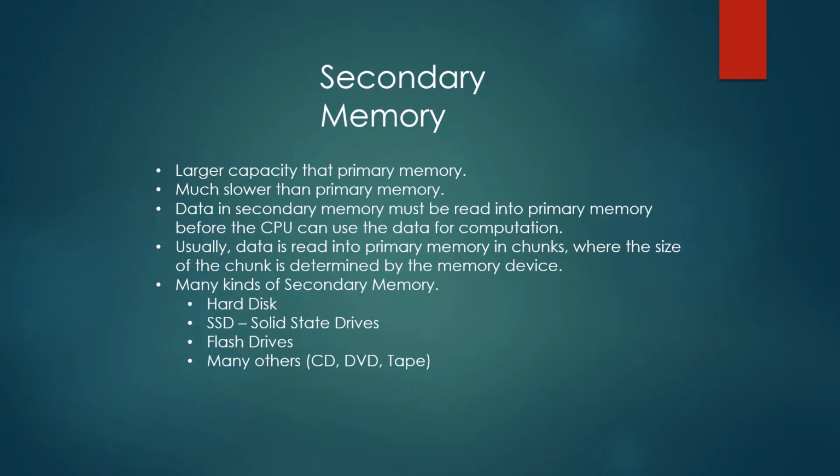Usually, data is read into primary memory in chunks, where the size of the chunk is determined by the kind of memory device. And a very common kind of operation is to read data into primary memory, update the data, and then write it back to secondary memory.